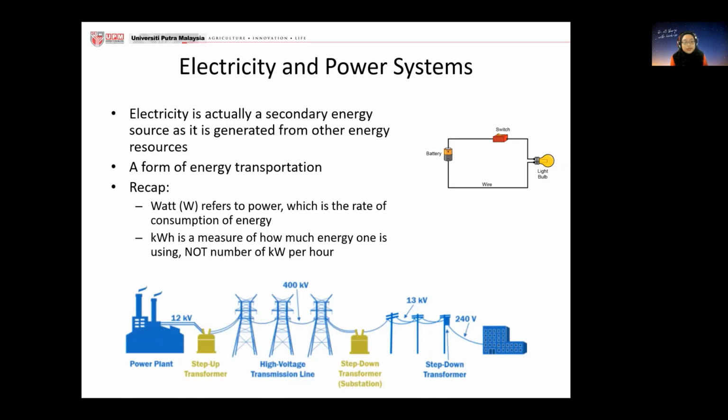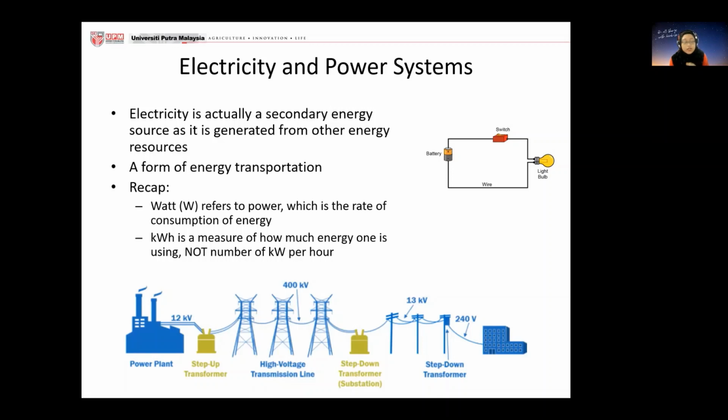We've discussed power generation and power plants, and who actually generates the electricity for us. If you think about that, electricity is a secondary energy source, because it's generated from something else.